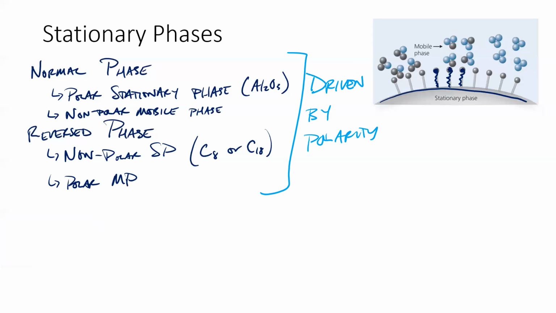And that is by far the most common, this is called affinity, sorry, not affinity. Word has left me. But the reverse phase chromatography is by far the most common chromatography that's run today.